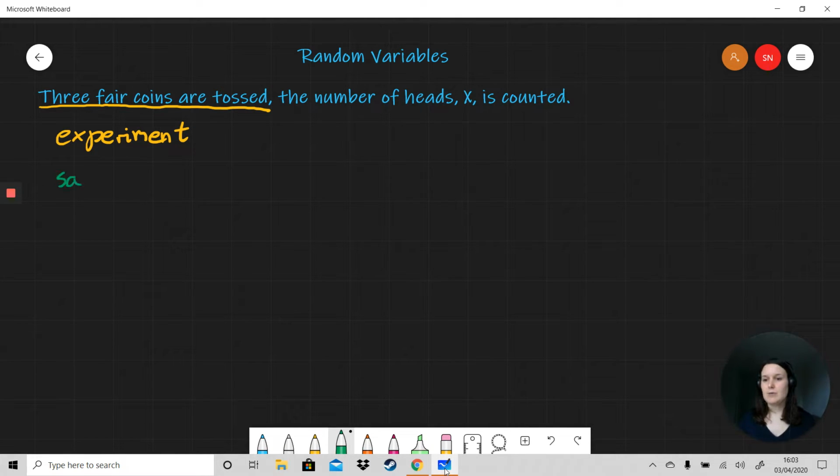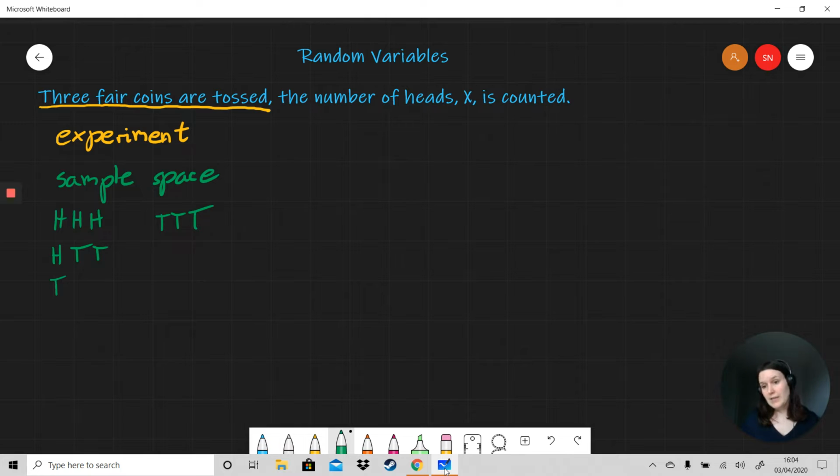Next, sample space. Sample space is the set of all possible outcomes, all possible results. So if I toss 3 fair coins, one of the possible outcomes is heads, heads, heads, 3 heads. The other one, 3 tails. Or 1 time heads and then 2 tails.